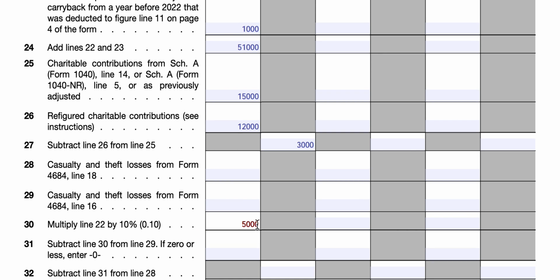So let's just say you had $2,000 of losses and another $2,000 of losses. You would subtract line 30 from line 29. If it's 0 or less, you would enter 0. Then you would subtract line 31 from line 28.